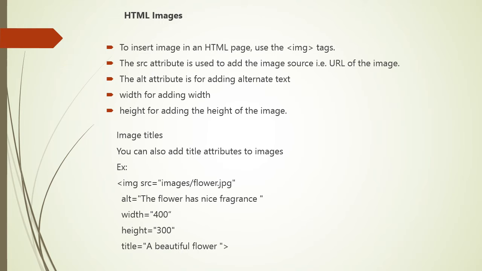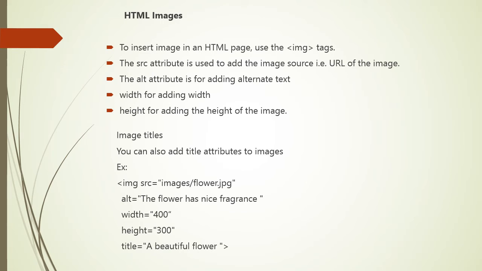Just keep in mind that you should use the img tag inside body and /body tags. The src attribute is used to add the image source, that is the URL of the image. The alt attribute is for adding the alternate text, width for adding the width, and height for adding the height of the image. Okay.